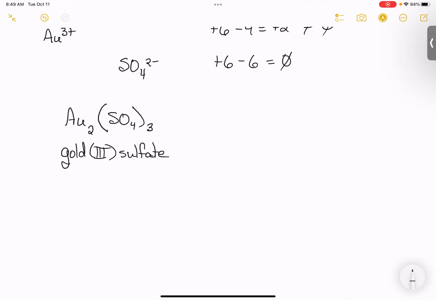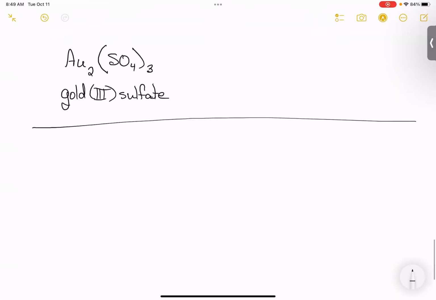Okay, so what's an easier way to get to these formulas? The easier way to get to the formulas is cross, drop, simplify. And you've got to remember that last step.